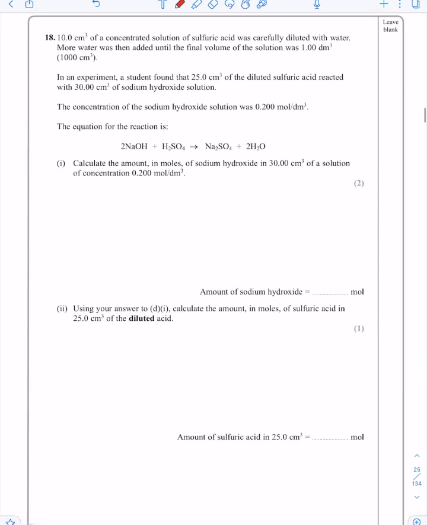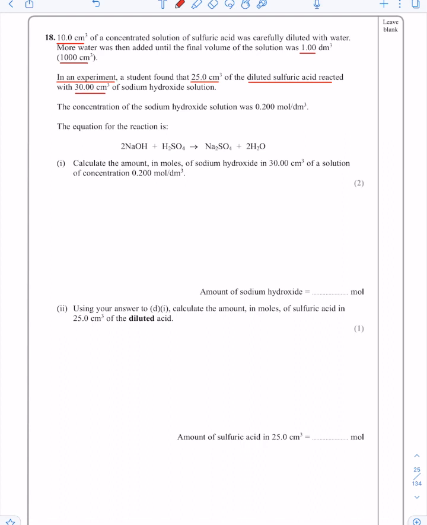Question 18. 10 cubic centimeter of concentrated solution of sulfuric acid was carefully diluted with water. More water was then added until the final volume of solution was 1 cubic decimeter, which is 1000 cubic centimeter. In an experiment, a student found that in a titration, 25.0 cubic centimeter of diluted sulfuric acid reacted with 30 cubic centimeter of sodium hydroxide solution.